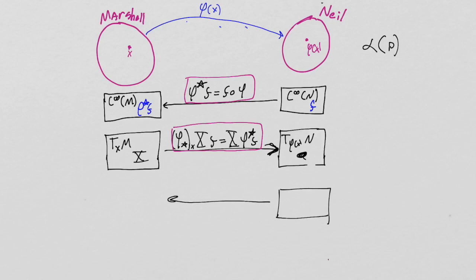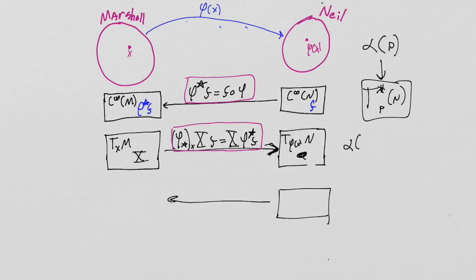And once it has a point P in N, then alpha places a cotangent vector, or identifies a cotangent vector in the cotangent space at that point P. So the cotangent space, I guess, is T star at P of N, right? Alpha of N picks out one covector in that space. And a covector, of course, takes a vector and produces a real number.